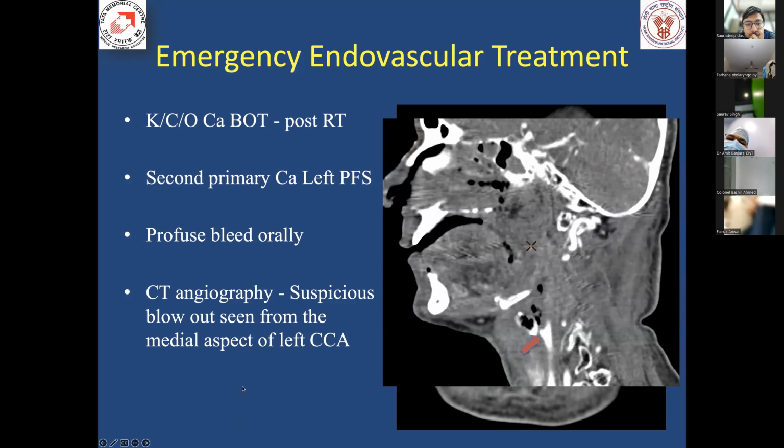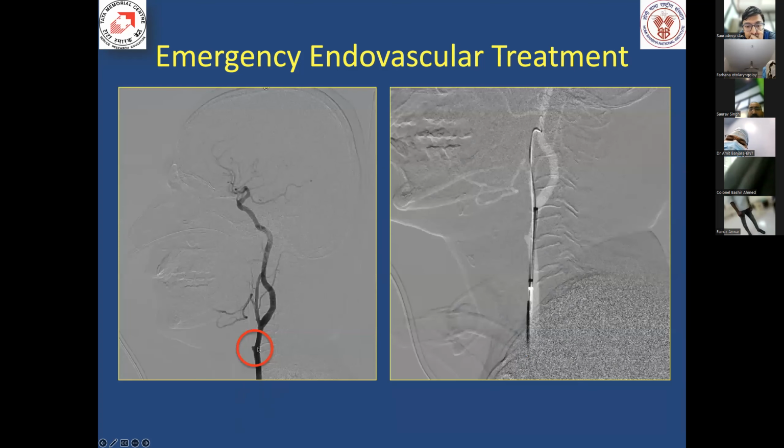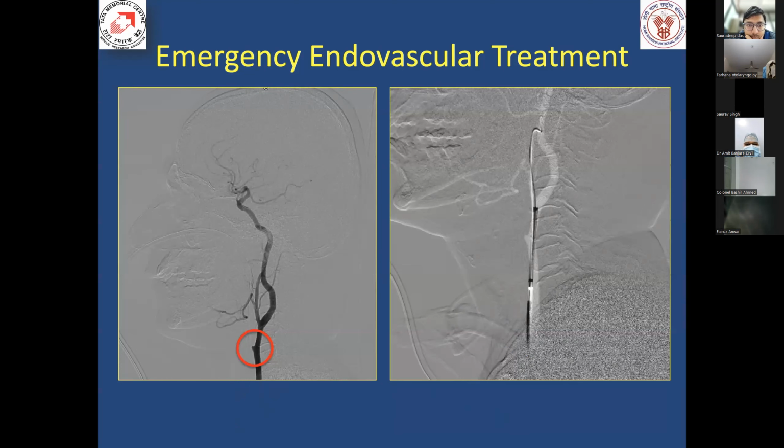Again, the treatment is quite simple endovascularly. You do the angiogram and you put what is called a covered stent. A covered stent is like a regular stent which has got a Dacron sheath, what you use or call as graft, so it is similar to what we call a stent graft.